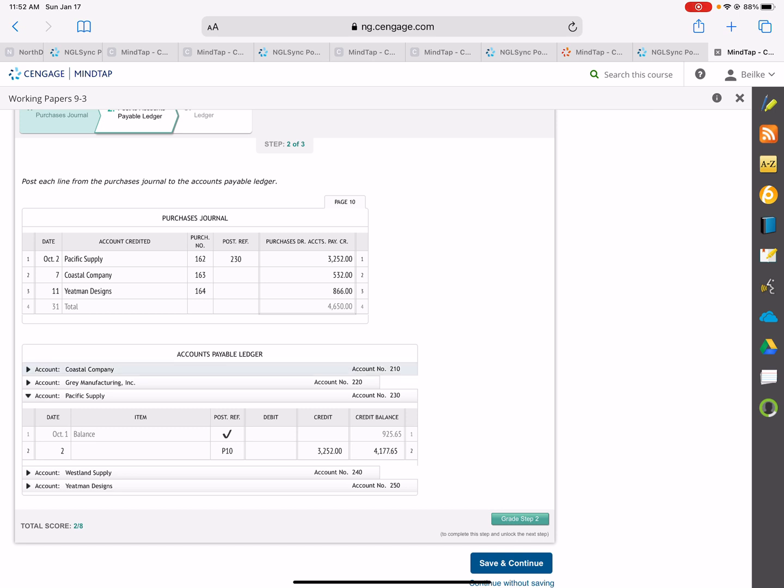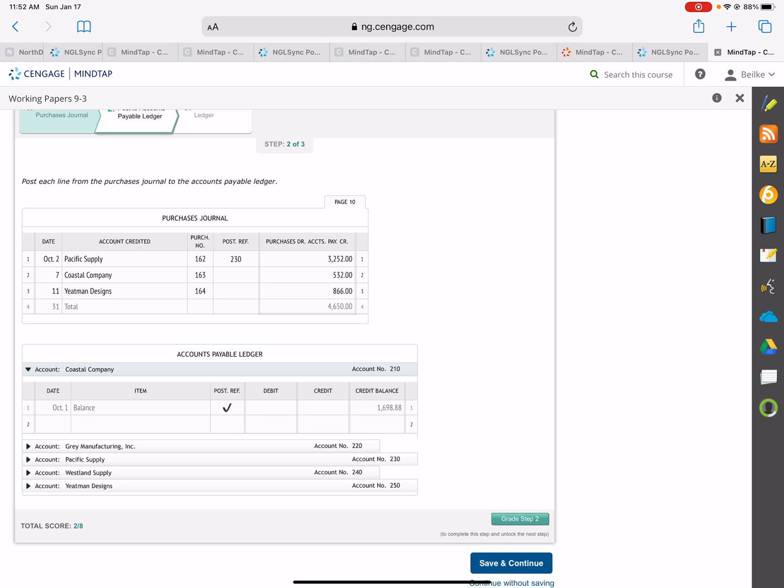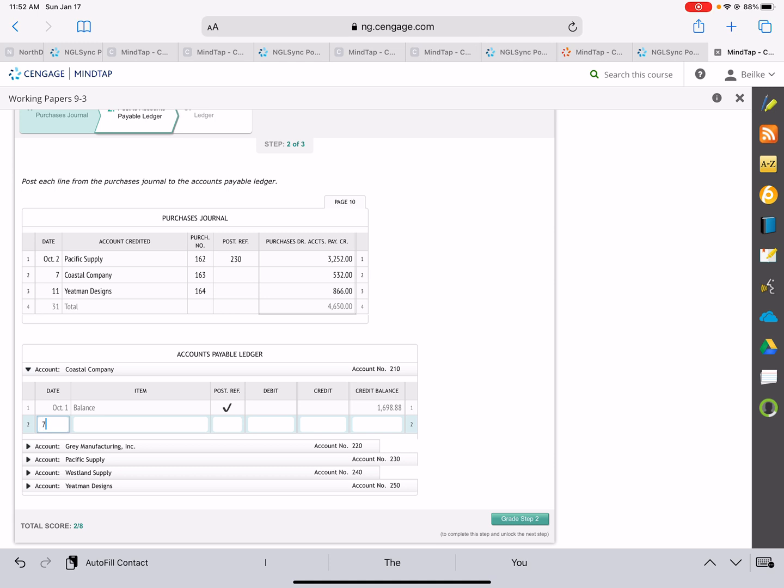The next one goes to Coastal Company. So we're going to go to our Coastal Company account. The date is the 7th. Post reference is from Purchase Journal, page 10. Again, it's an accounts payable credit, so we're going to put 532 there.